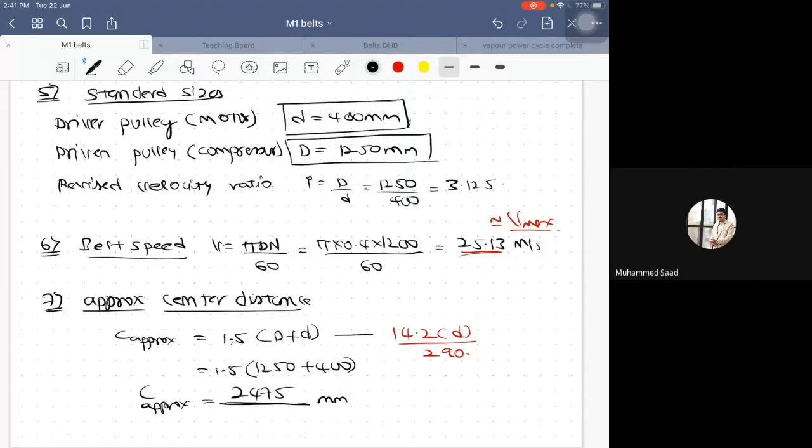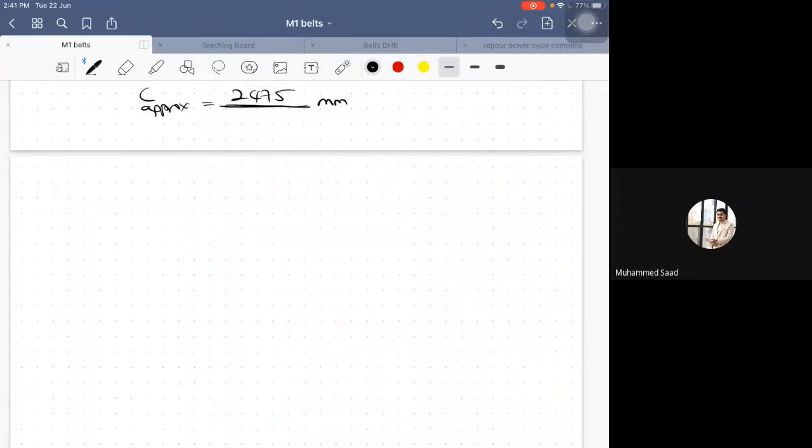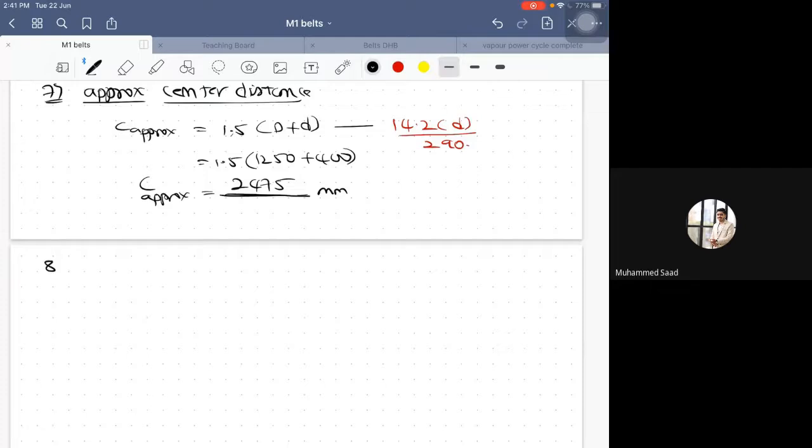Now, why do you require this approximate center distance? Just because you have to calculate, in the next step, the pitch length of the belt. Many of you have suggested that it's becoming difficult because every formula is not orderly arranged in the data handbook.